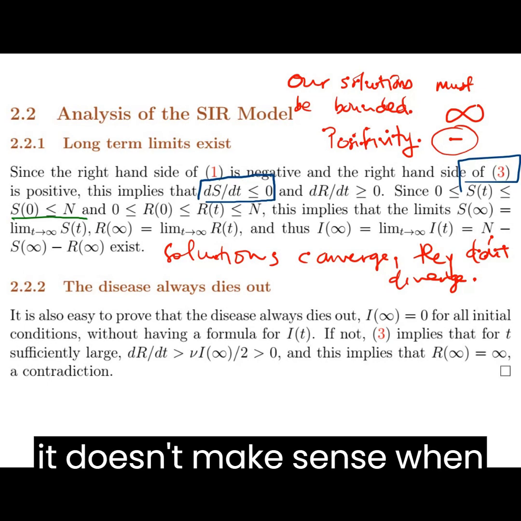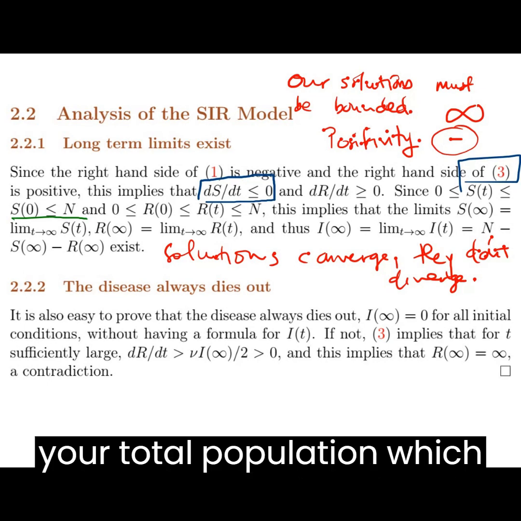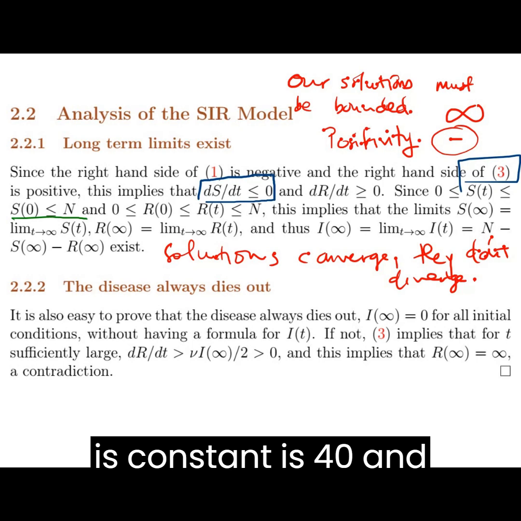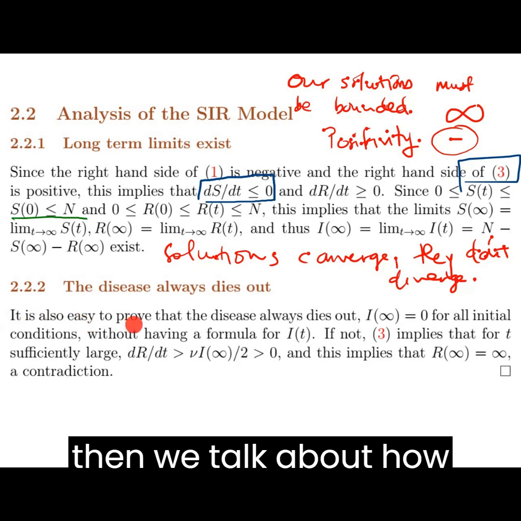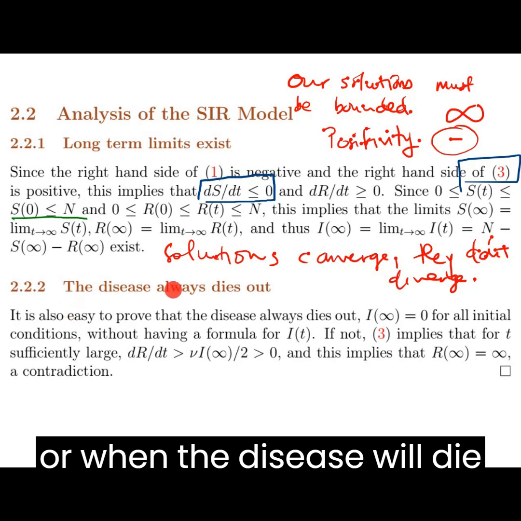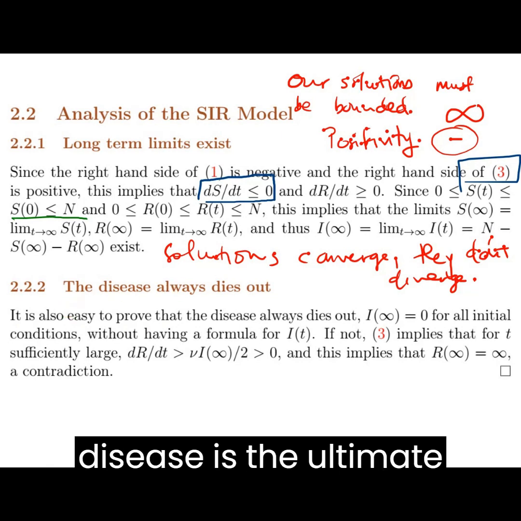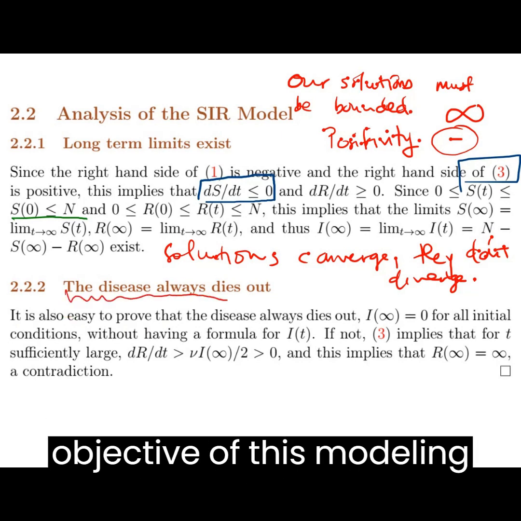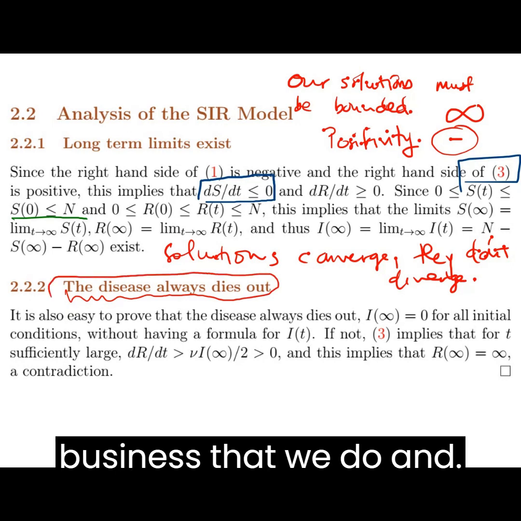It doesn't make sense when your total population, which is constant, is 40. And then we talk about how or when the disease will die out. The dying out of the disease is the ultimate objective of this modeling business that we do.